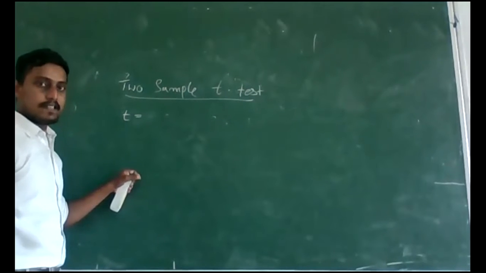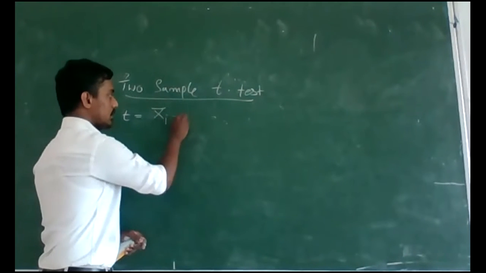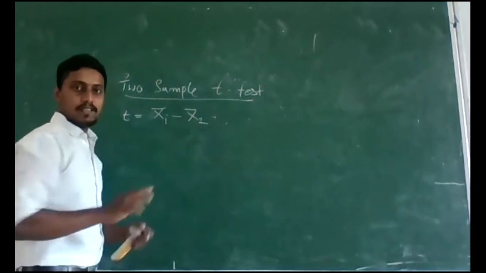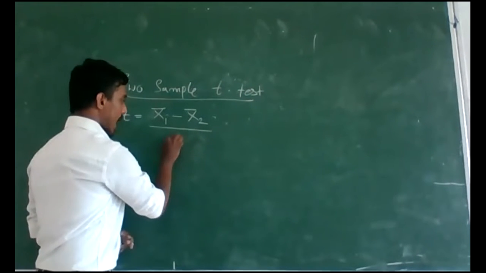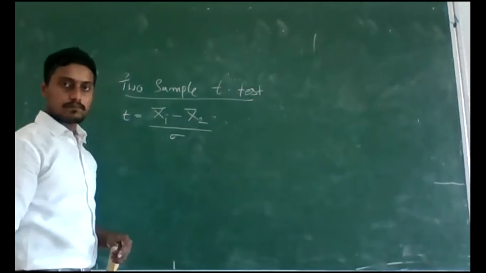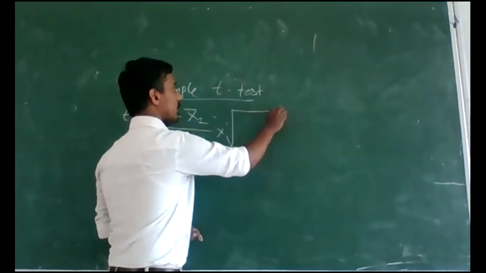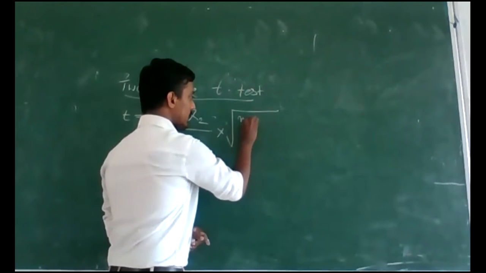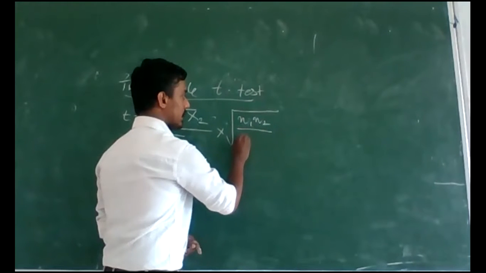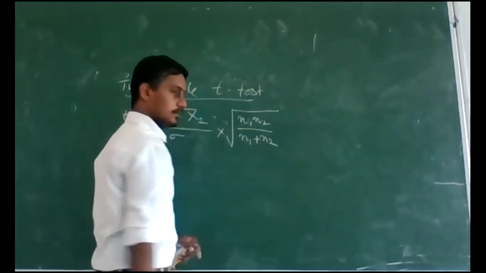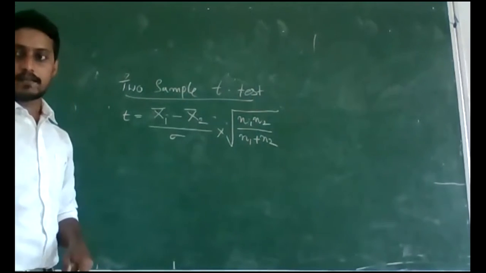The calculation of the t statistic: t is equal to the mean of the first sample minus the mean of the second sample, that is the difference between the mean values of the two samples, divided by the combined standard deviation of both the samples into the square root of n1, the units in the first sample, into n2, the units in the second sample, divided by n1 plus n2. Right?